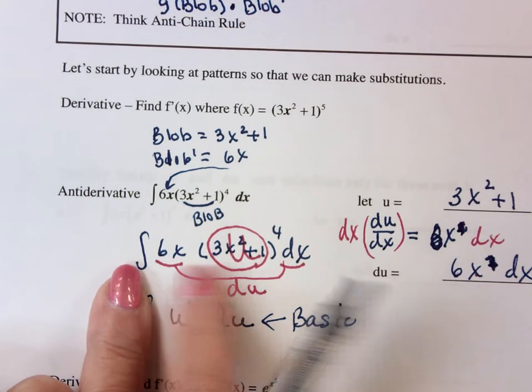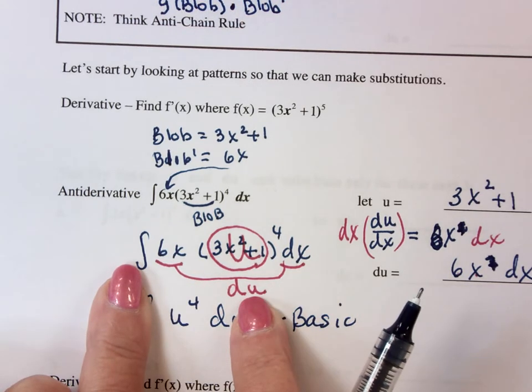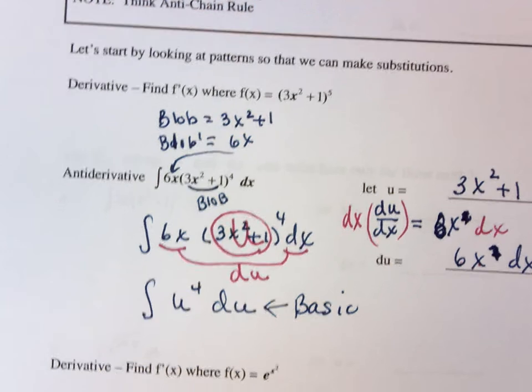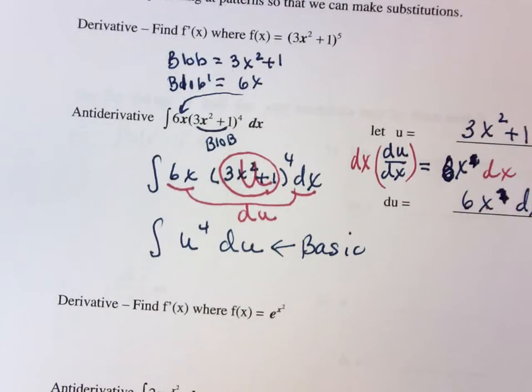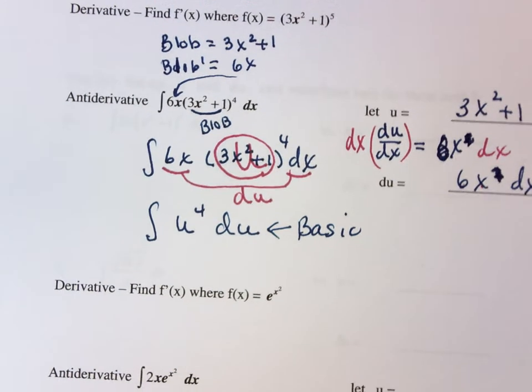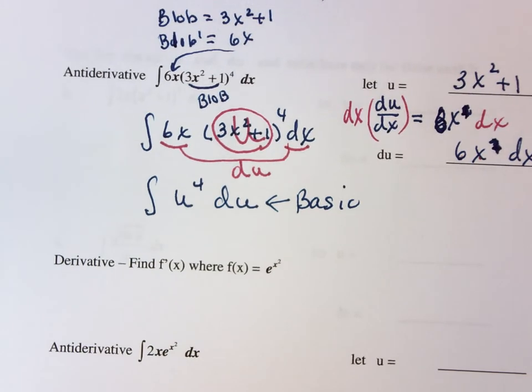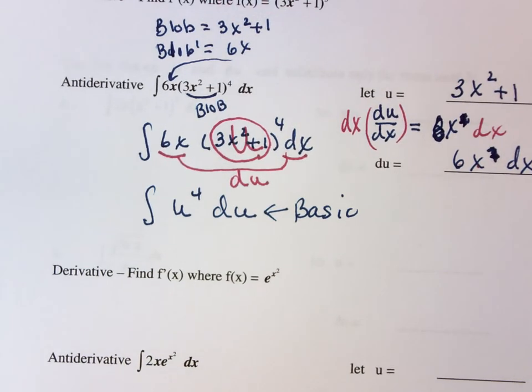So this whole thing gets replaced by du. So now all x's are gone, and I'm down to something which is a basic integral. So that's the answer? Well, no, that's essentially the first step in the answer.